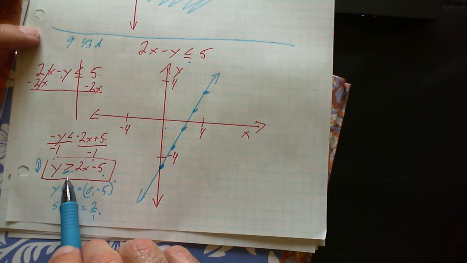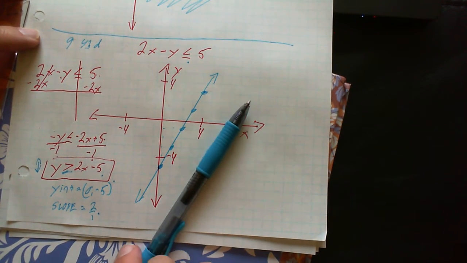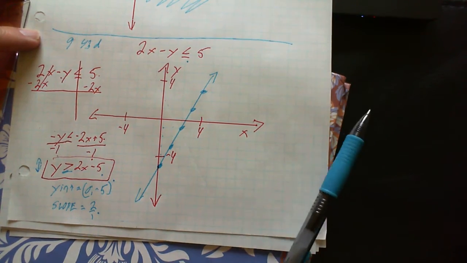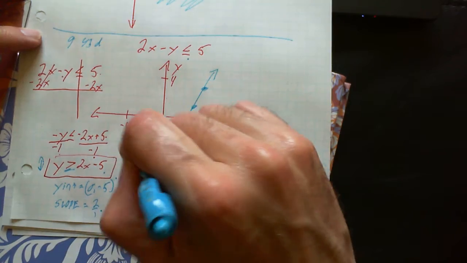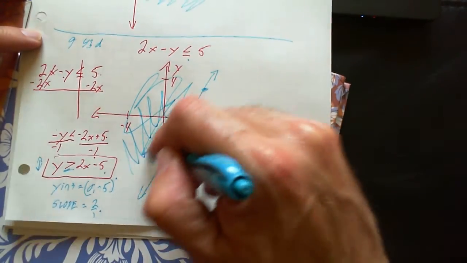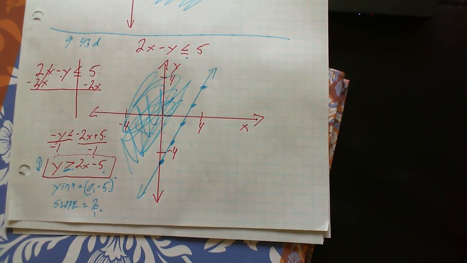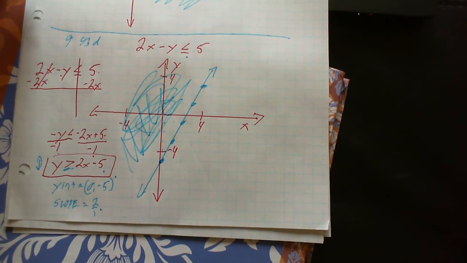If y is bigger, does that mean I'm going to shade above the line or below the line? Shade this way. That looks like it's below. It's going down. Shade this way. It's up. I shade up. Woohoo! And there is your solution. That's it. 23 minutes. Woo!